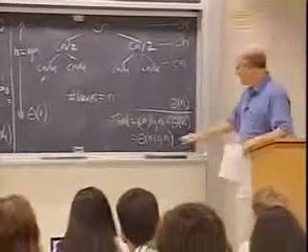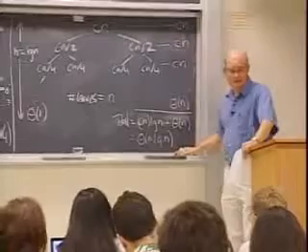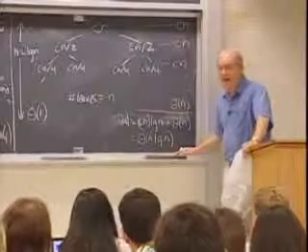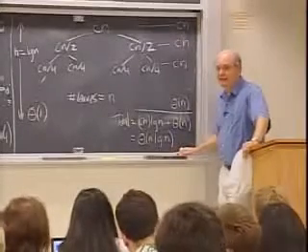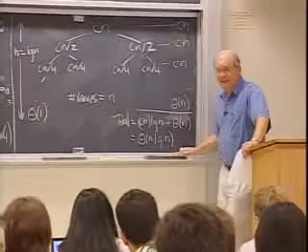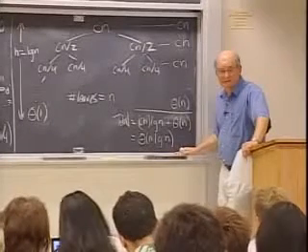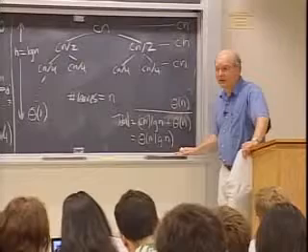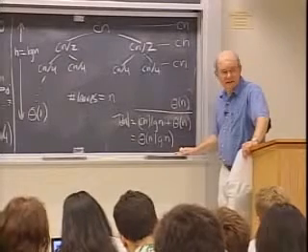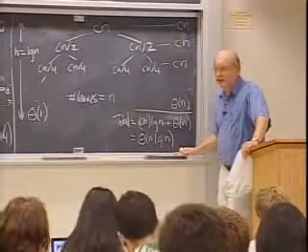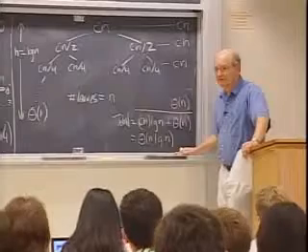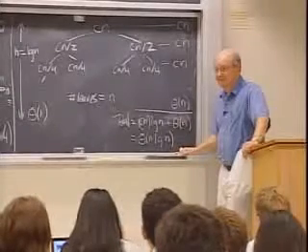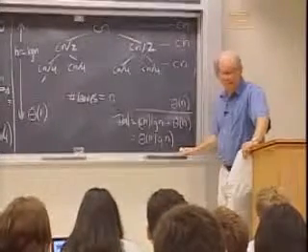And theta of n log n is asymptotically faster than theta n squared. So merge sort on a large enough input size is going to beat insertion sort. Merge sort is going to be a faster algorithm.